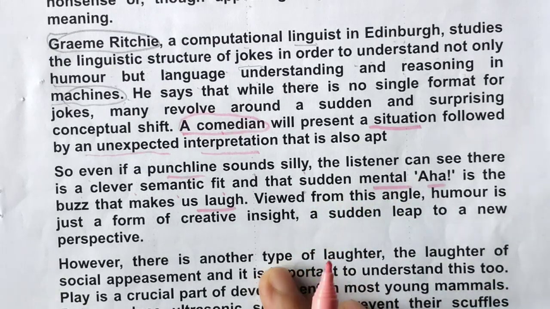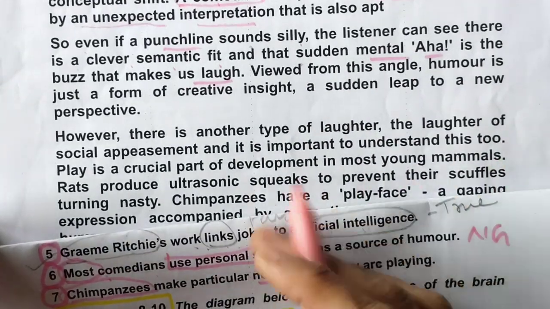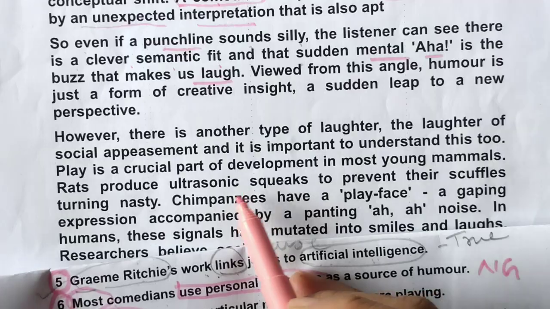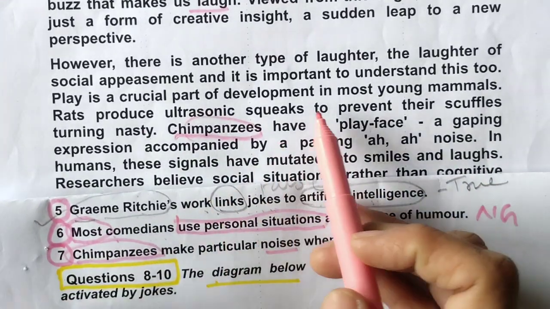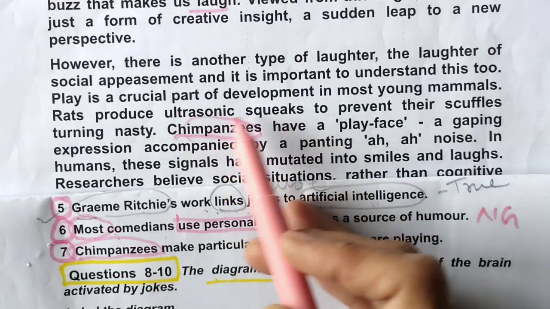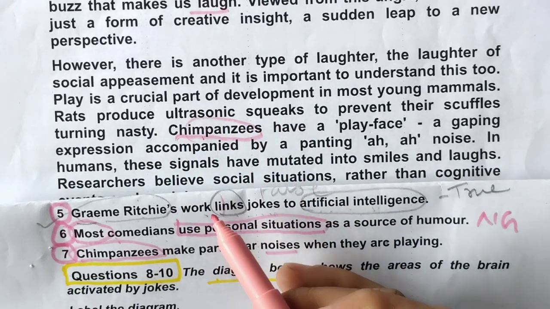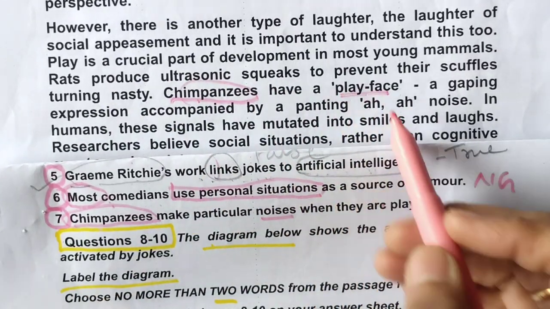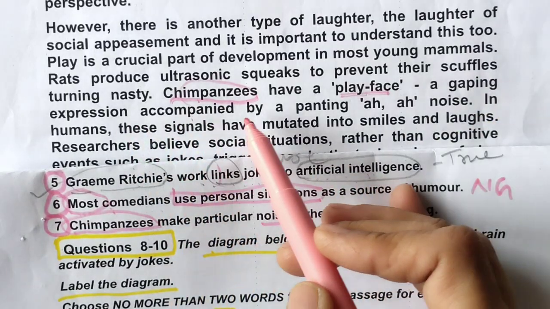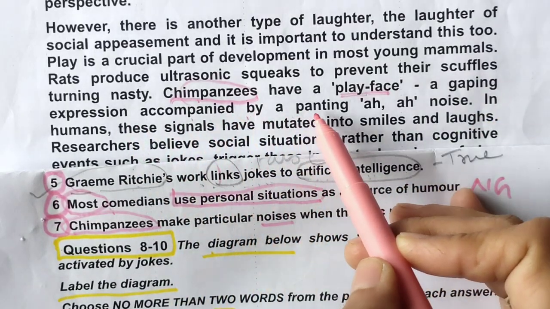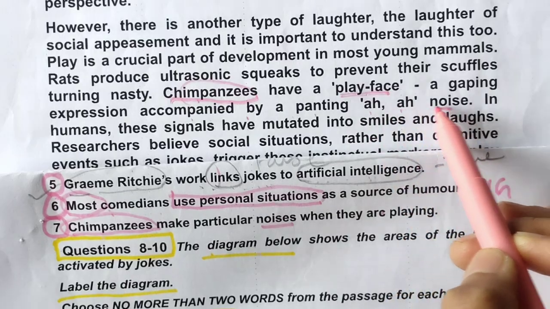Chimpanzee, here it is now. Chimpanzee word I can see over here. See this? Yeah. Okay, let's read it from here. Chimpanzees have a play face, okay. We are looking for the playing word also. Have a play face, a gaping expression accompanied by a panting noise.